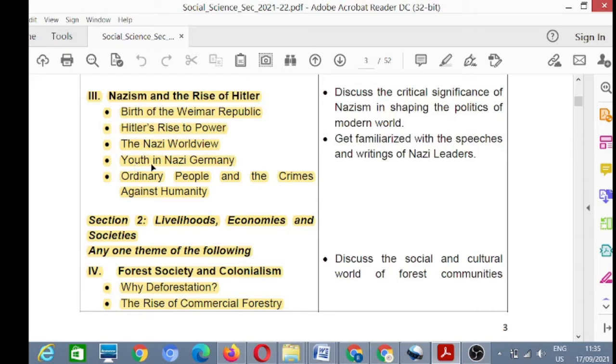Fourth topic is youth in Nazi Germany. What was the role of youth in Nazi Germany? Now next topic is ordinary people and the crimes against humanity.